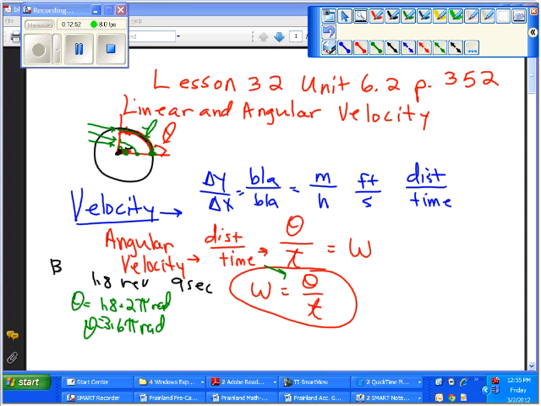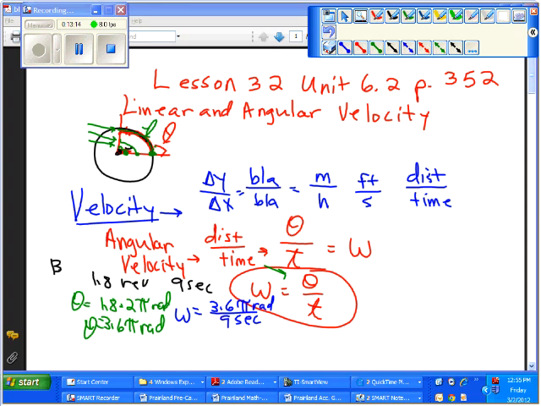So now our omega, our angular velocity, is the angular displacement theta, 3.6 pi radians, divided by the amount of time, 9 seconds.